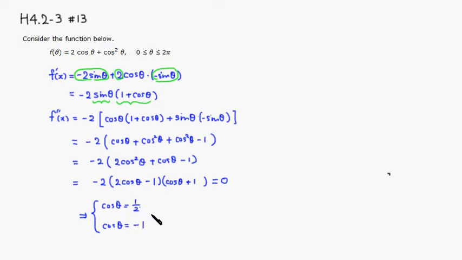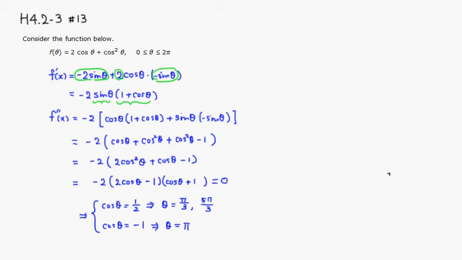Cosine of theta is 1/2 when theta is pi over 3, or going around, 5 pi over 3, between 0 and 2 pi. And cosine negative 1 is only pi.